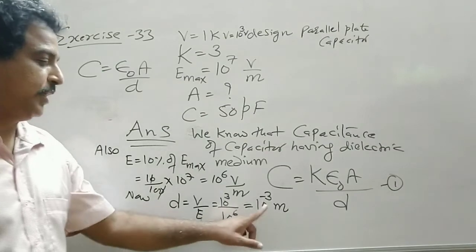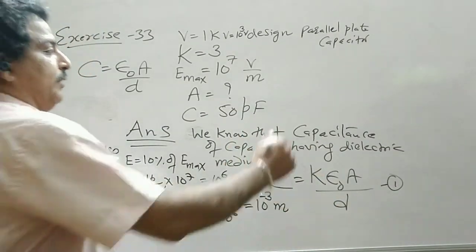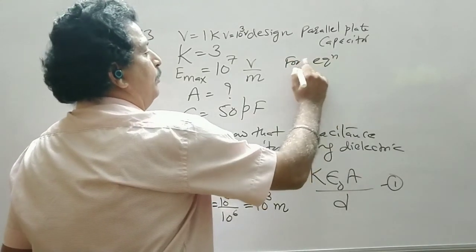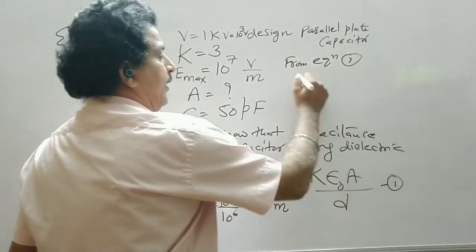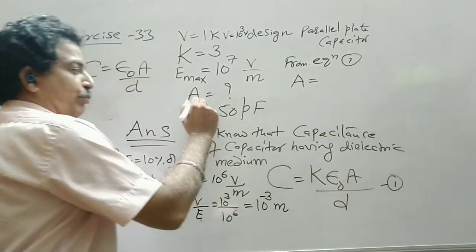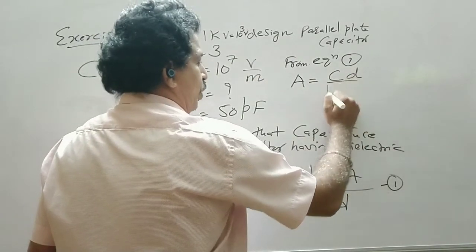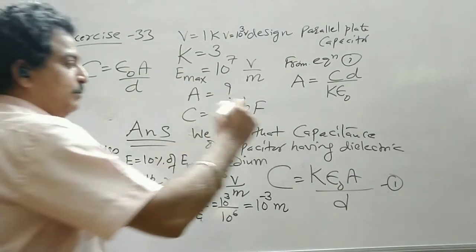Now we substitute this 10 raised to minus 3 meter in equation number 1. From equation 1, A can be written as CD upon K epsilon naught. Now you simply substitute the value.